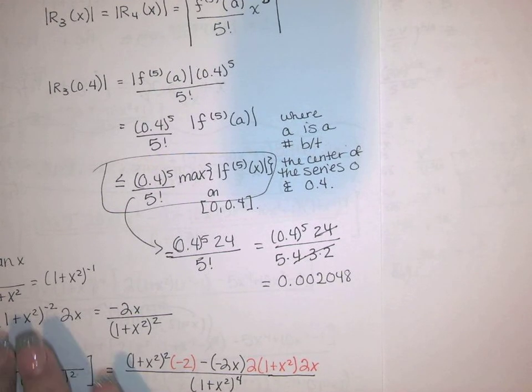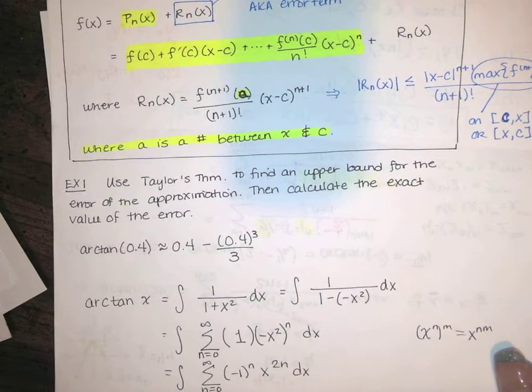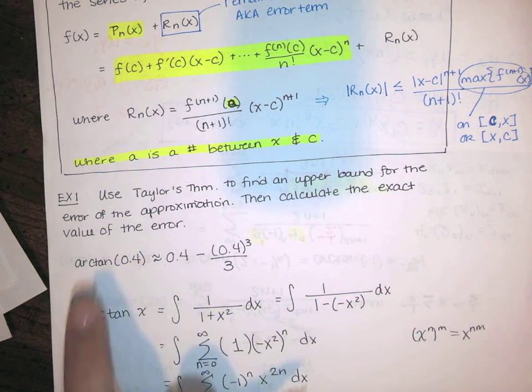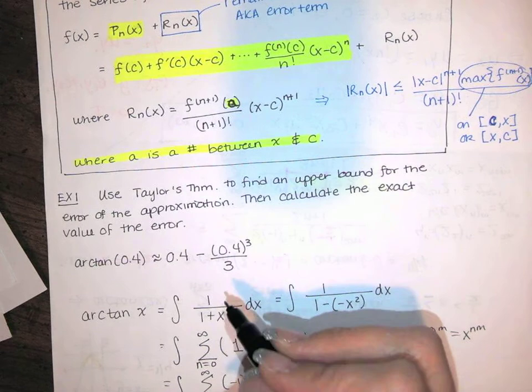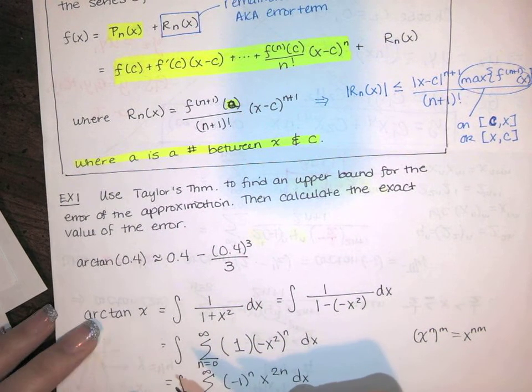And let's go back to the original question. Say maximum that we could be off by what? How are we approximating the function? What were we talking about again? Okay. The question said, use Taylor's theorem to find an upper bound for the error of the approximation. So we're saying we're going to use this to approximate arctan of 0.4.